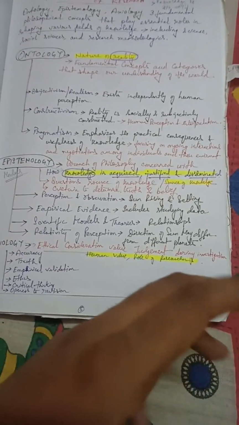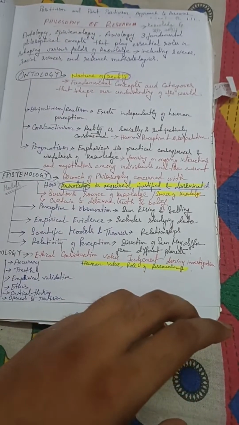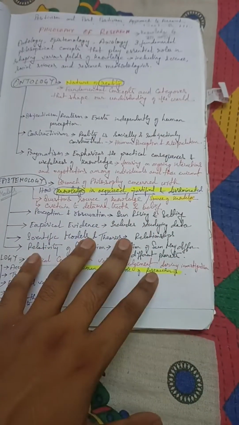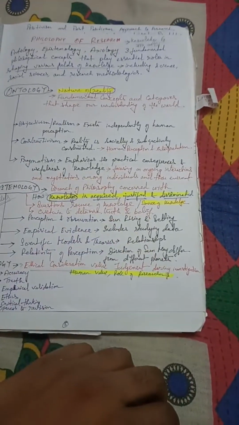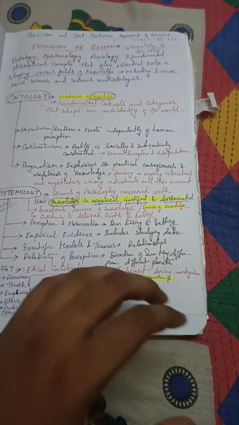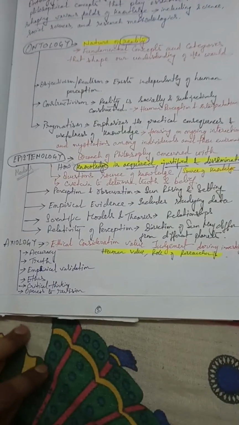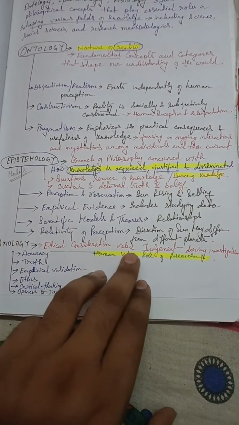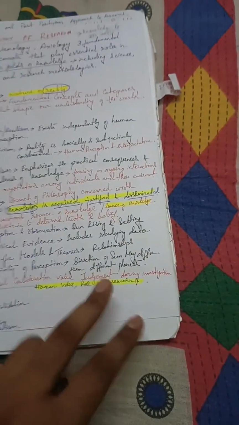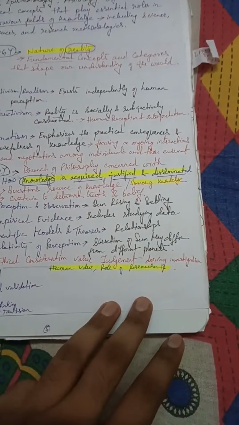Suppose we are doing some research work right now. We must compare something. We must do a literature review. We must find the gap. We must know how the research was previously conducted. Now, finally, it's axiology. That means the ethical consideration, value judgment, the human value role of research.